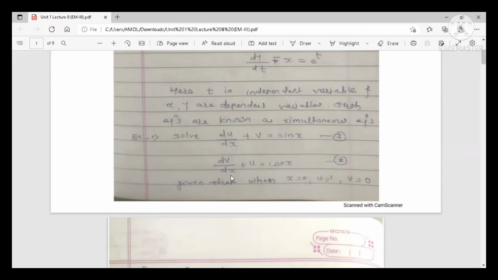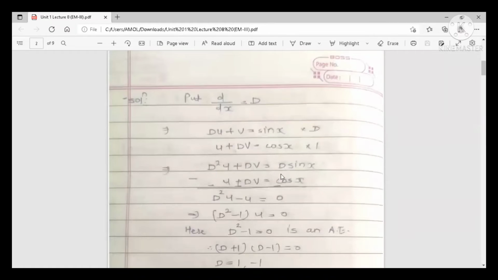So now this is the reduced form of both equations. Now you remove either u or v, and you will get an equation in terms of u and x, or v and x.